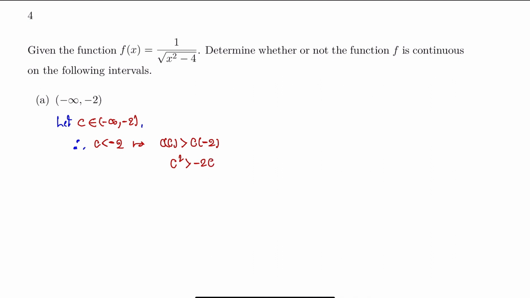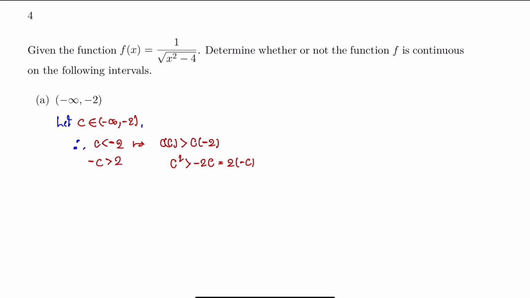Okay, great. Then what do we have right here? We have this c right here is less than minus 2, right? So what is minus c? Minus c is greater than 2.